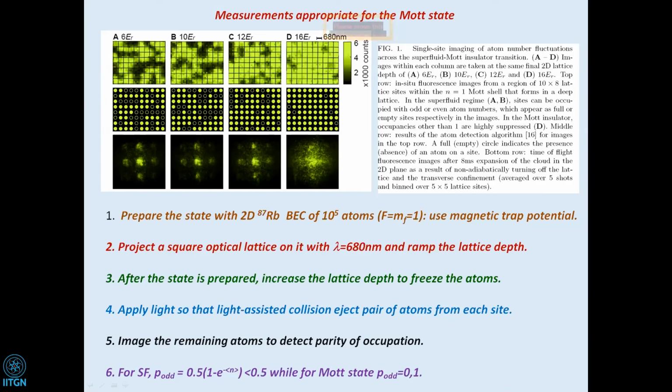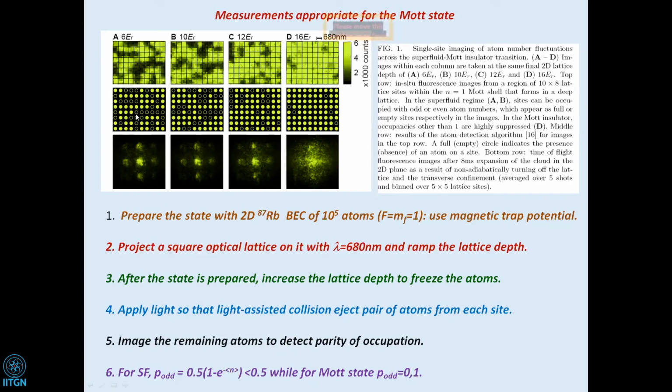Essentially what they do is plot the probability of odd occupation. For the Mott state, this could be either 0 or 1, because if you had a Mott state with n equal to 2, then it's all 0, and if you had a Mott state with n equal to 1 or 3 or things like that, it's all 1. Whereas in the superfluid phase, it's a random distribution, and this probability can be estimated from the Poisson distribution.